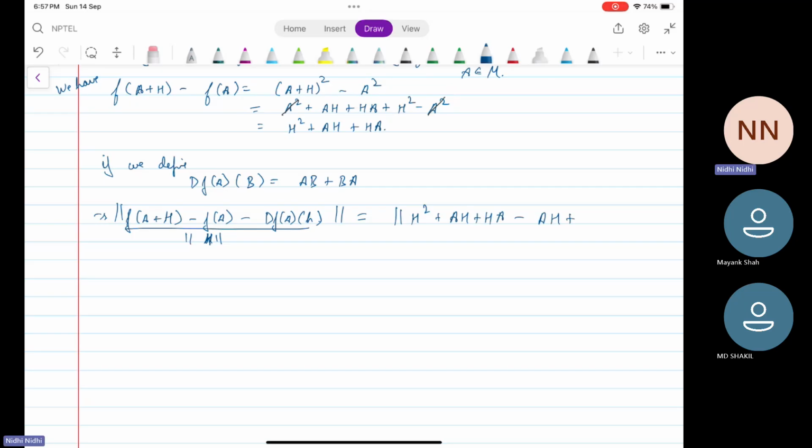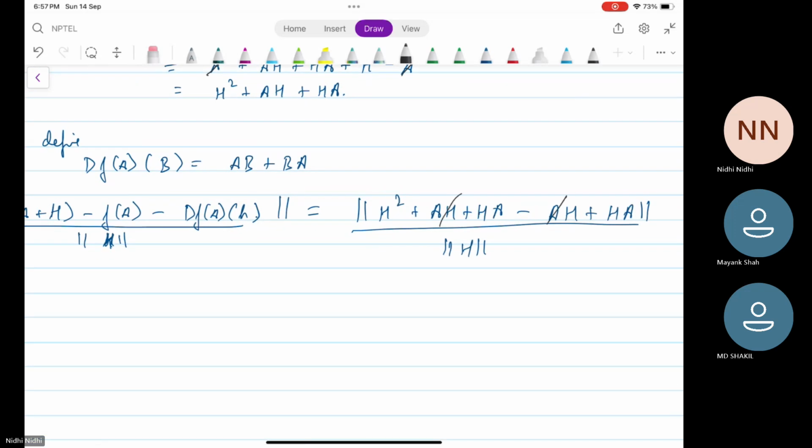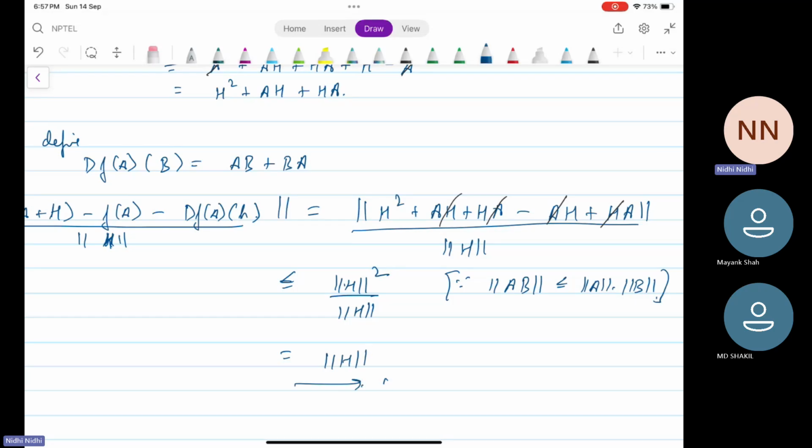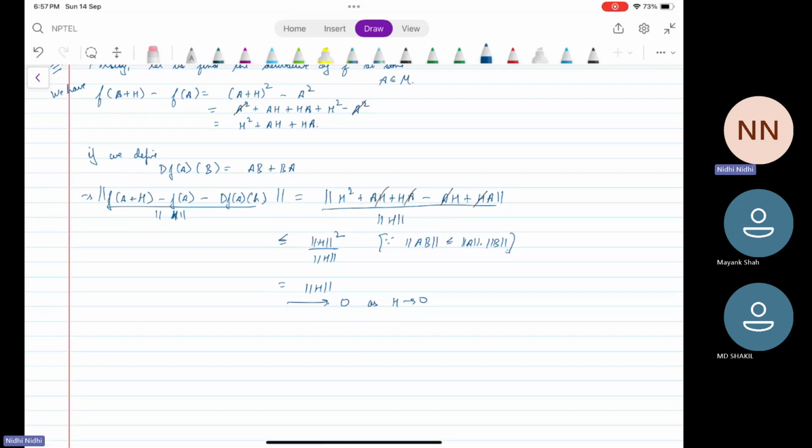Minus AH plus HA upon norm H. This will be less than or equal to norm H square upon norm H, because we know that for operators, norm AB is less than or equal to norm A times norm B. So this is just norm H, which will obviously go to 0 as H goes to 0. So therefore, by the definition, this dfA is actually the derivative of the function f.